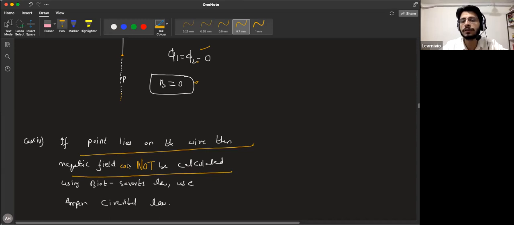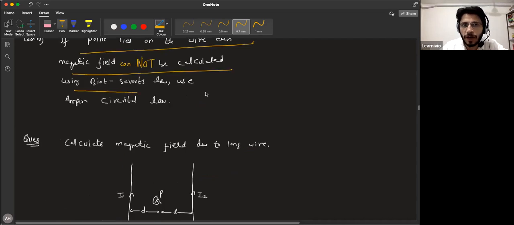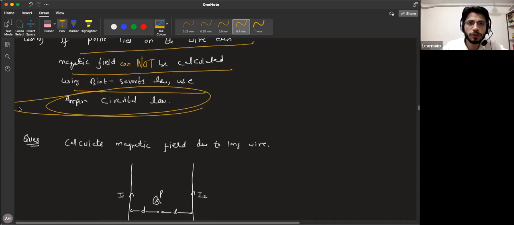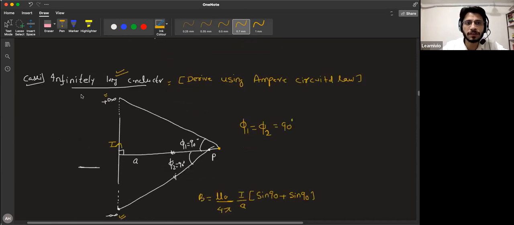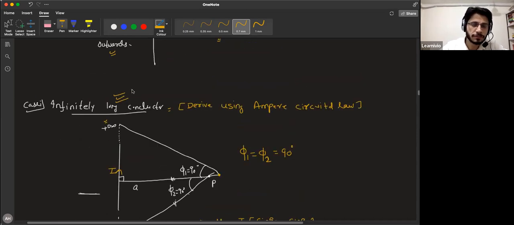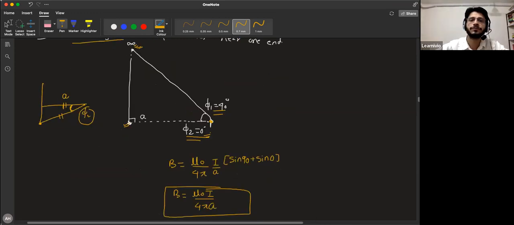You can use Biot-Savart law if the point lies at any other point. But if it lies on the wire, then you can't use Biot-Savart law. You will be using Ampere's law. And remember, NCERT has discussed only this case, but you may need other cases also. So I have discussed all cases here.